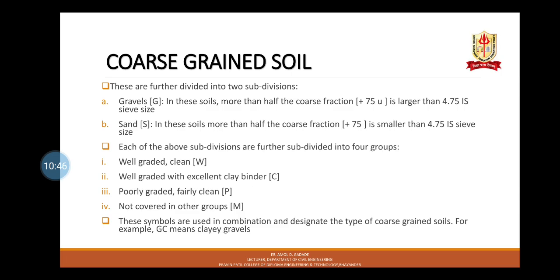Each of the above subdivisions is further subdivided into four groups: well graded clean W, well graded with excellent clay binder C, poorly graded fairly clean P, not covered in other groups, that is M. These symbols are used in combination and designate the type of coarse grained soil. For example, GC means clayey gravels.